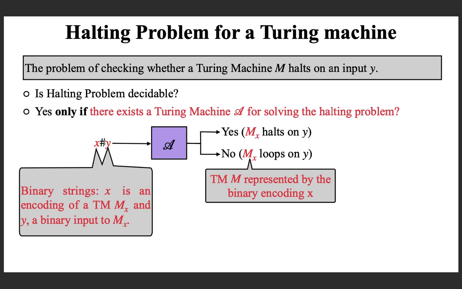Which is a binary input to the Turing machine. Note that it is a binary input and it is not the encoding. That is what we are taking. And it is also logical to assume that an input is binary because you know that any object can be represented in binary.